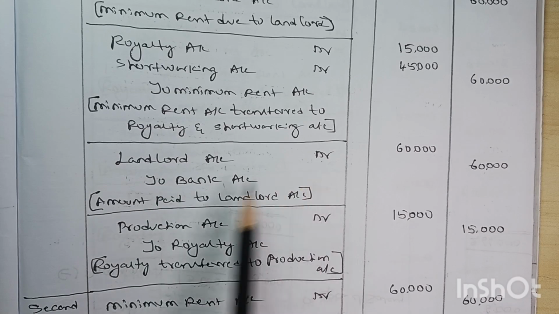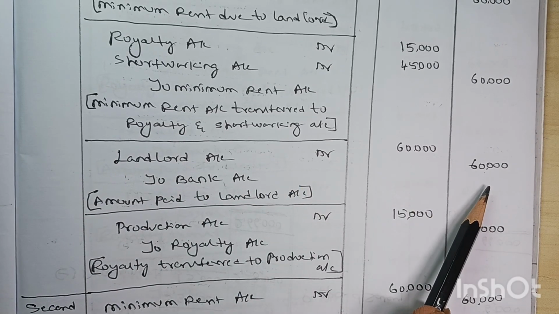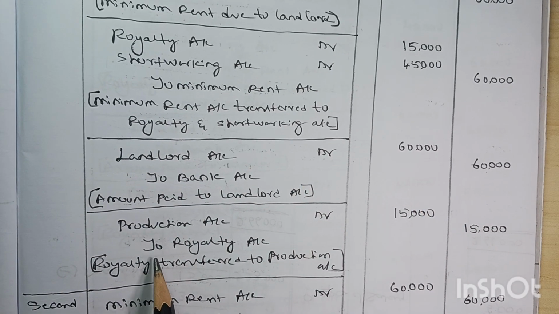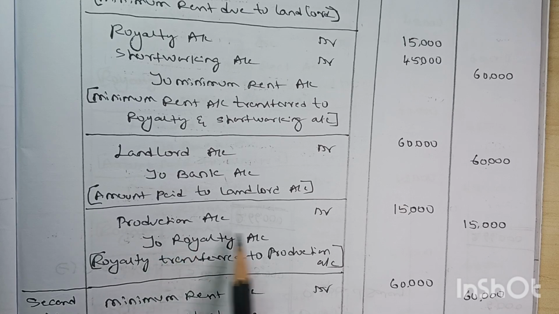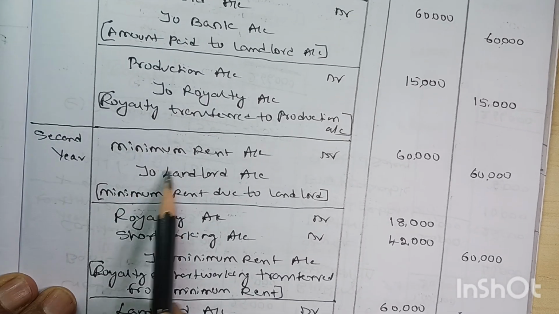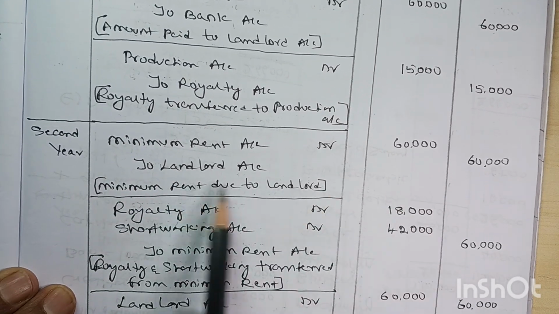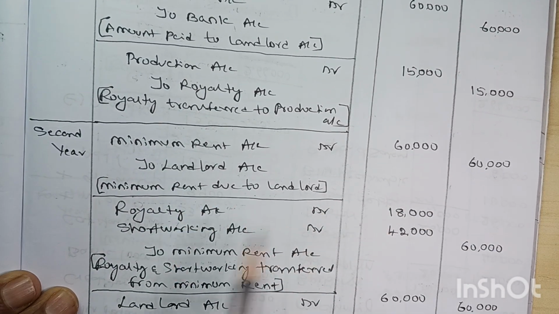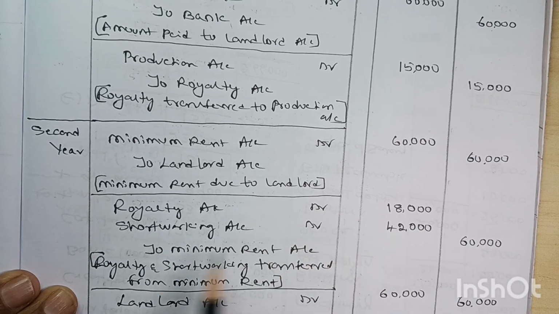Then landlord account debtor to bank account 60,000, 60,000. Then royalty is open, it will be closed, that is production account debtor to royalty account as usual. Then go to second year: minimum rent account debtor 60,000 to landlord account 60,000. Then again royalty account debtor 18,000, short working 42,000 to minimum rent account 60,000.